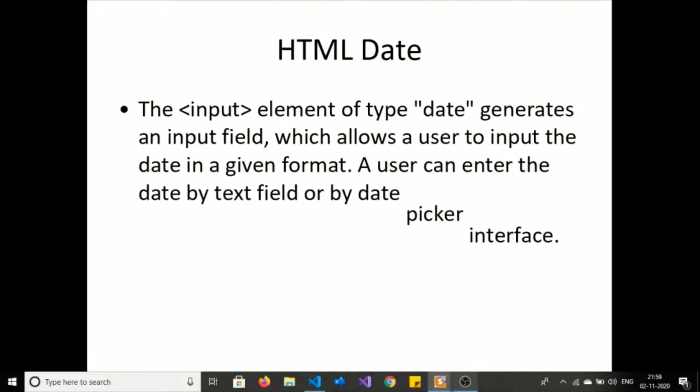HTML date: the input of type date generates an input field which allows a user to input the date in a given format. As I said earlier, if we want to capture the date of birth of any user, we will create a date type of input where the user can select or enter the date of birth.